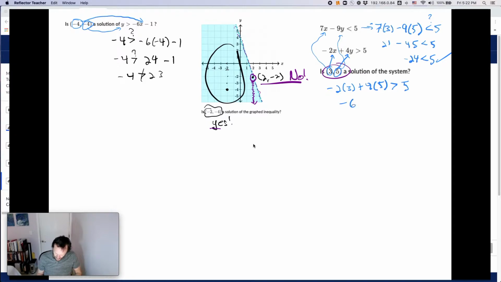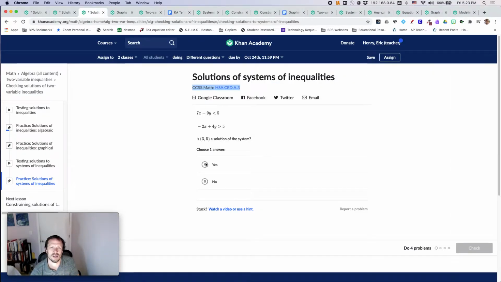Negative 6 plus 20, is that greater than 5? 14 is definitely greater than 5. So the answer to the question, since this point satisfies both of the inequalities, it is a solution to the system of inequalities. And we go back and we say yes.